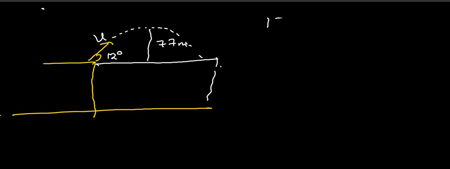Height is going to be equal to what? Height will be the initial velocity in the y, times the time, plus half g t squared. This is 77. There's also another equation in case we're looking for time.